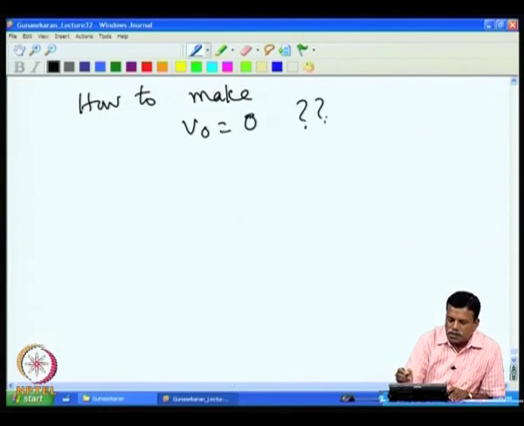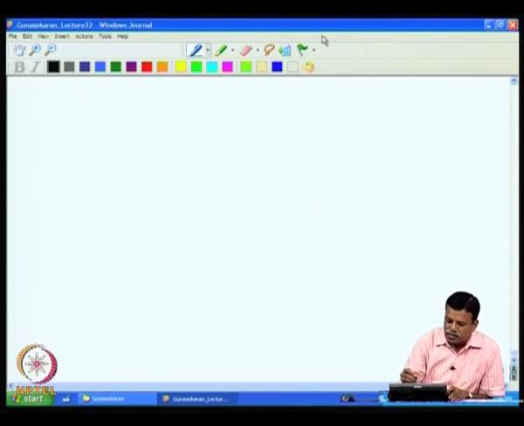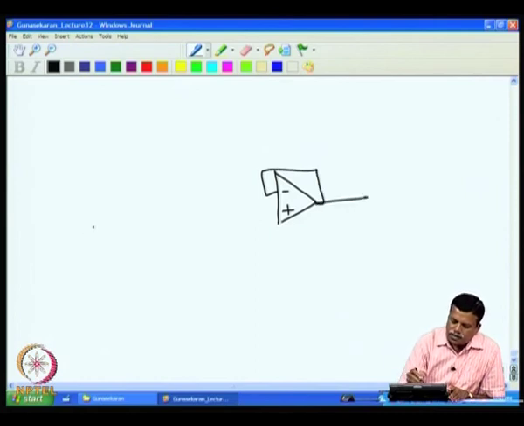That is the question. That we can do by using the feedback technique. What can be done is, we can have the op amp circuit, then I can have this output, and one of the plates I can show like this.